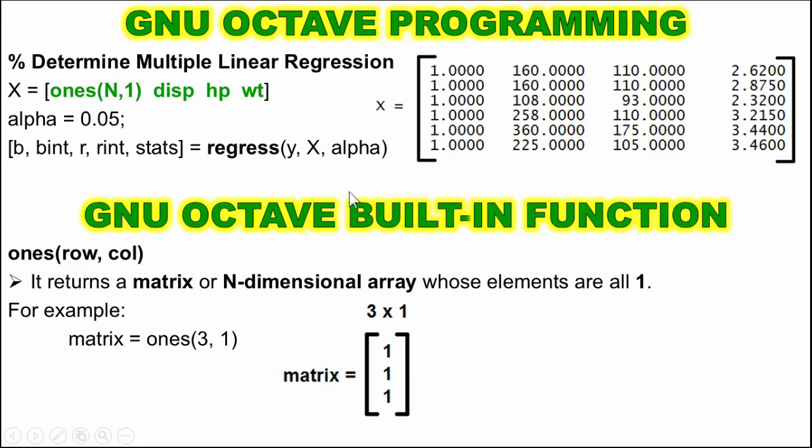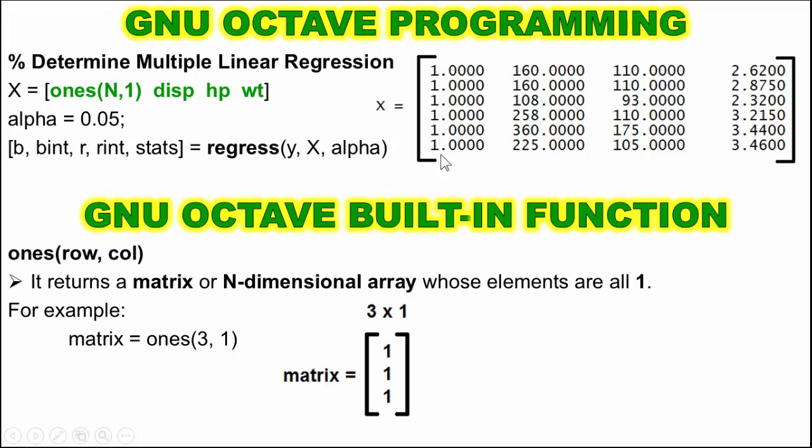For the statistical built-in function regress, we need to set up the first column so that it has all ones, because that is the setup to compute or determine the multiple linear regression.